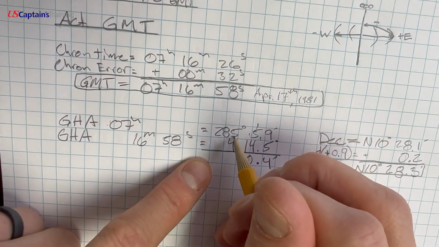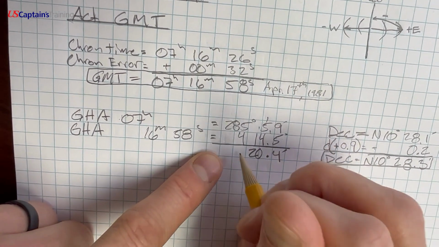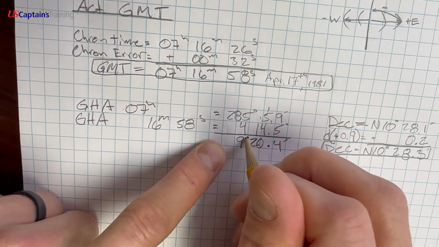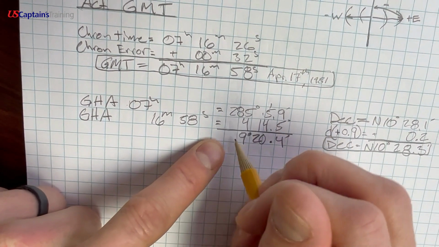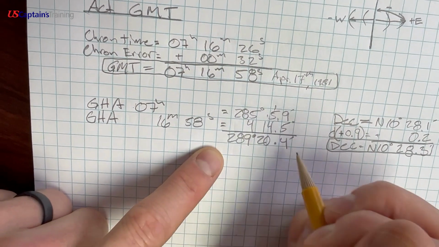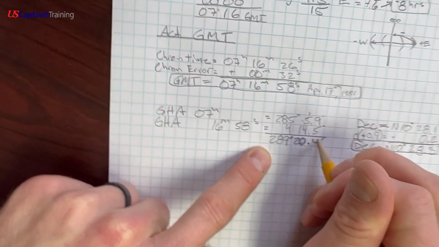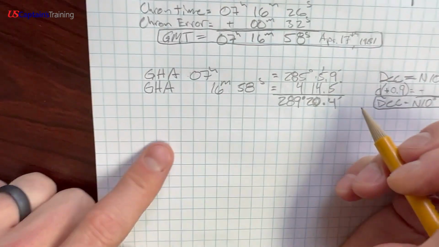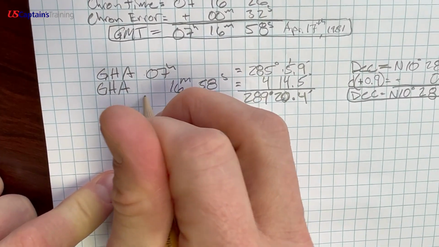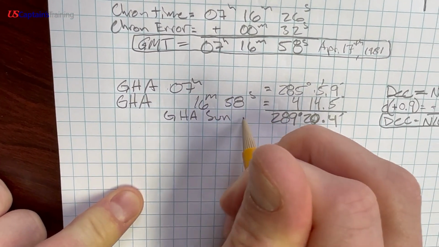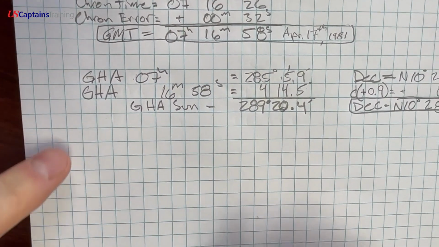All right. 5 and 4 is 9. And there's 8. 289 degrees and then 20.4 minutes. This is the GHA of the sun, the Greenwich hour angle of the sun.